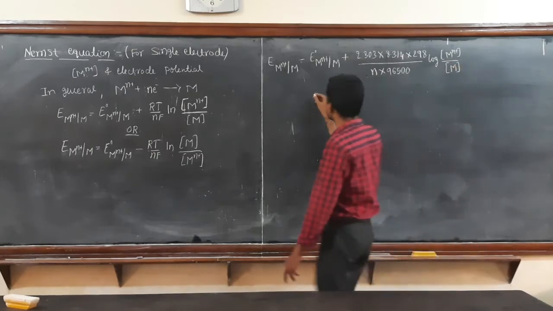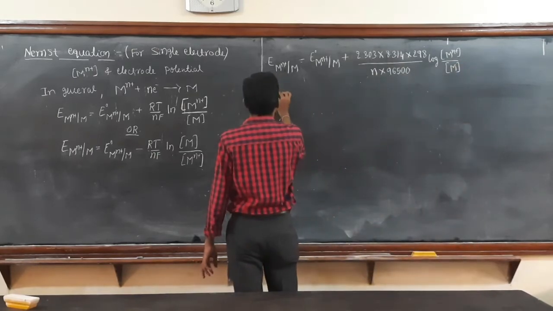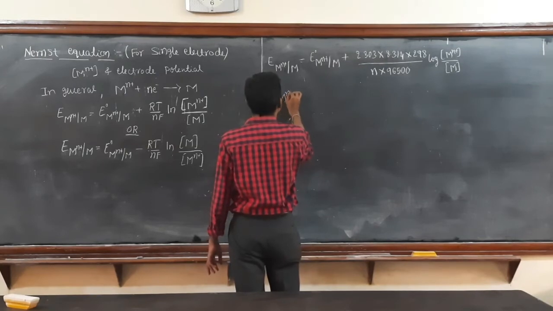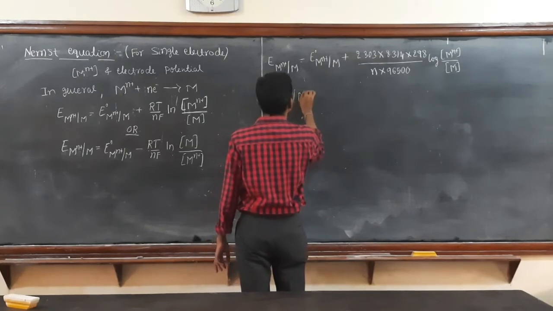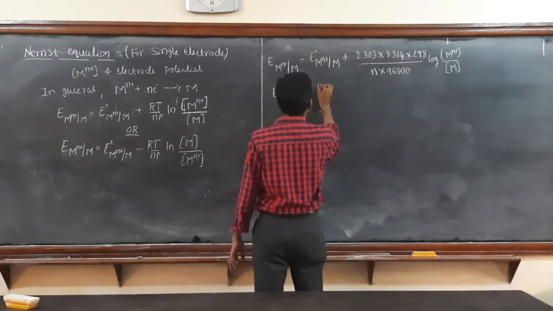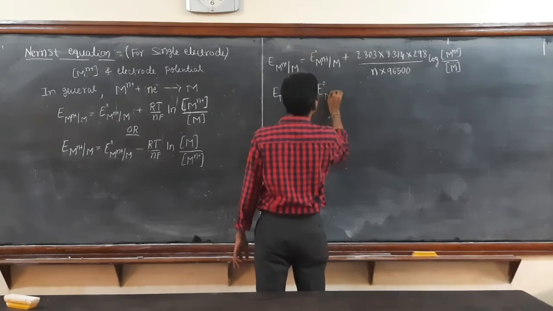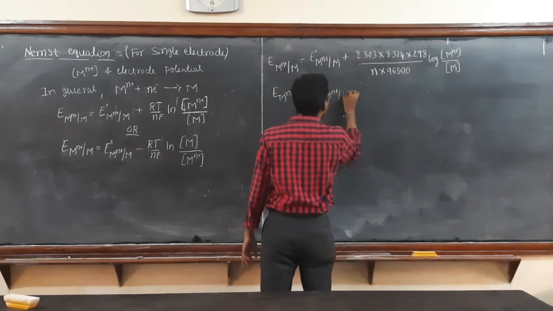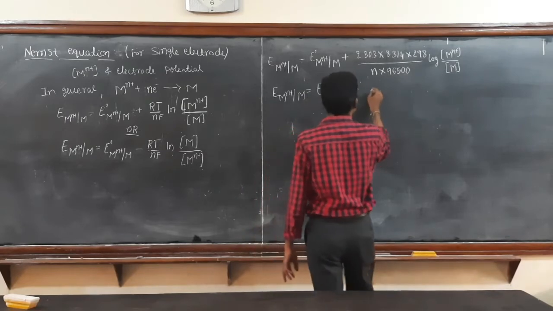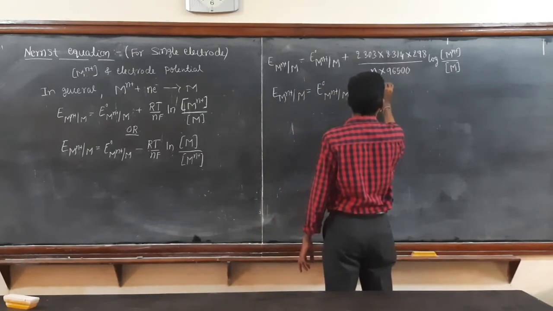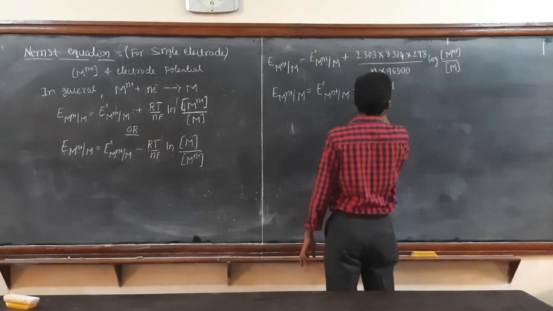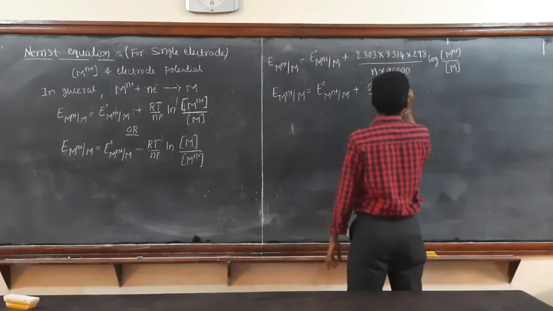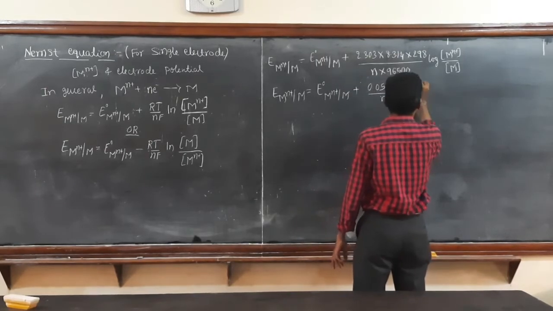If you calculate this, finally you get this equation: E of Mn+/M equals E naught of Mn+/M plus 0.0591 divided by n times log of Mn+.